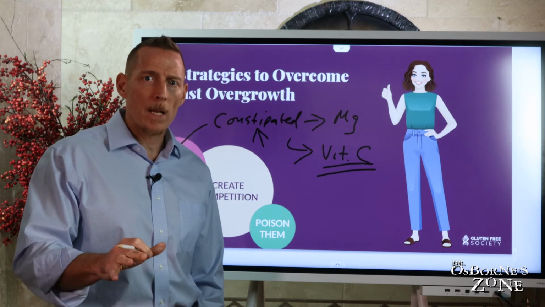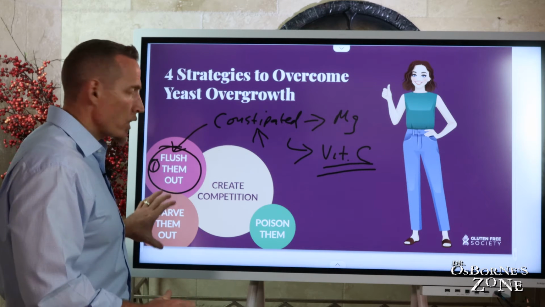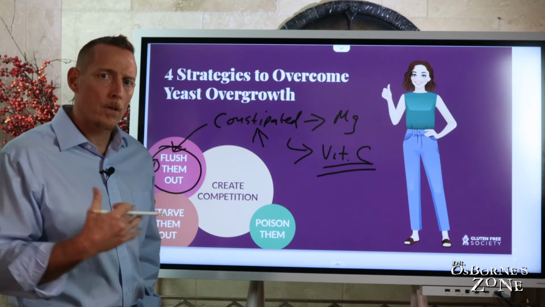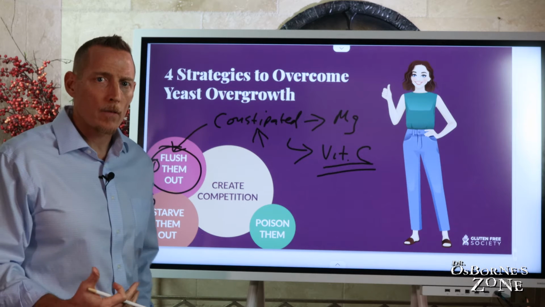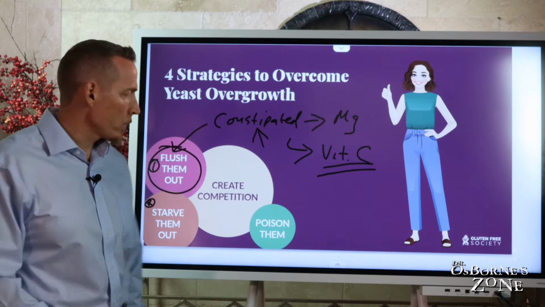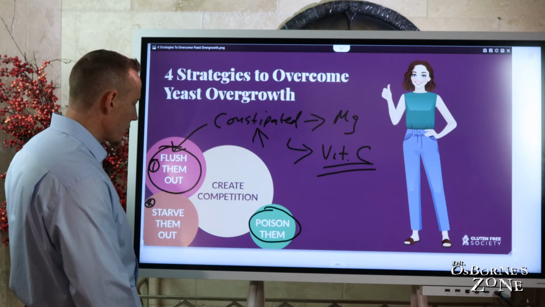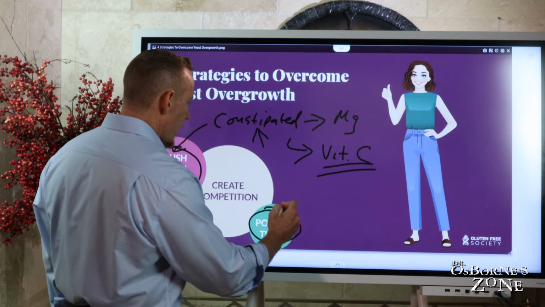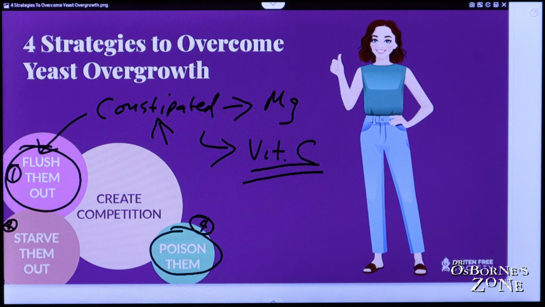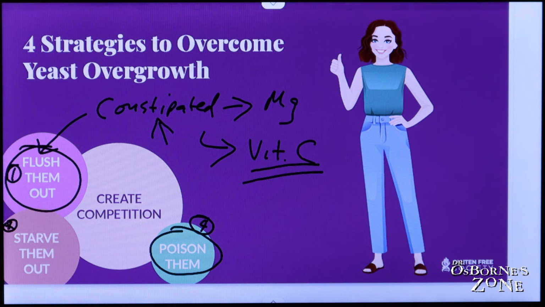If you're taking that medication, you definitely want to change your diet simultaneously so that you're not feeding them at the same time you're trying to poison them, because that's where this comes in. Those are the medicines your doctor might prescribe, right? Those are the poisons, and so you want to help that out by not being constipated, by not feeding them. You also want to create competition.